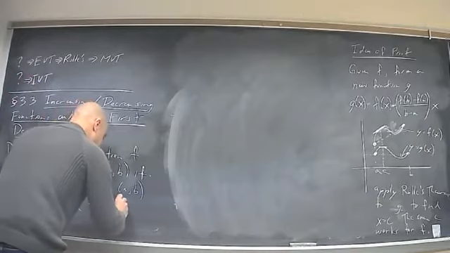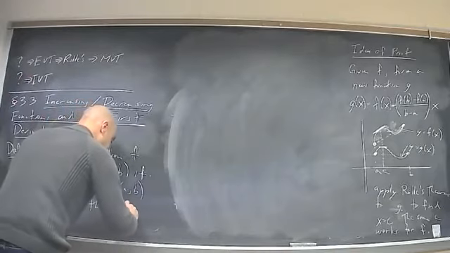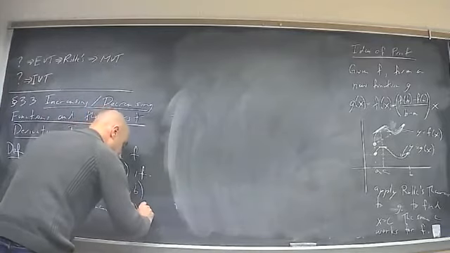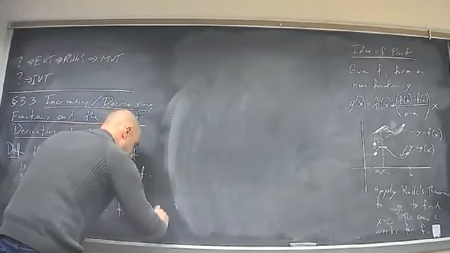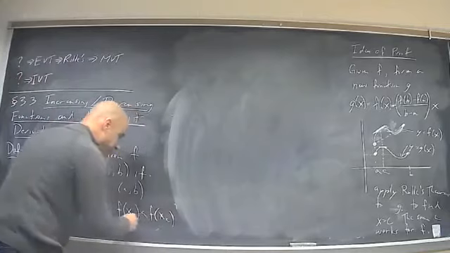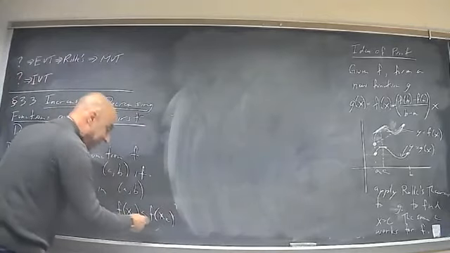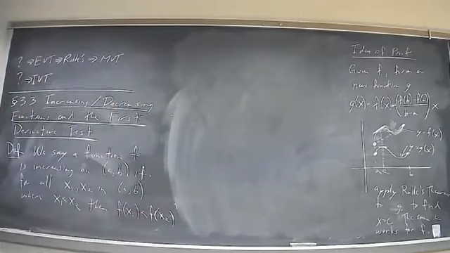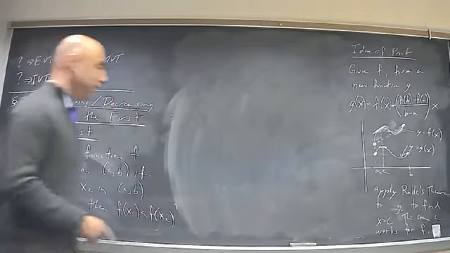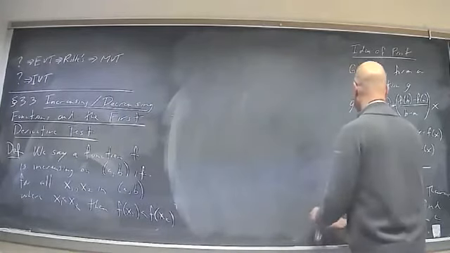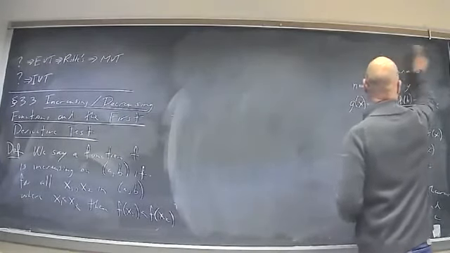Then f of x2 is bigger than f of x1, or f of x1 is less than f of x2. So let's unwind that for a second and see what it says.